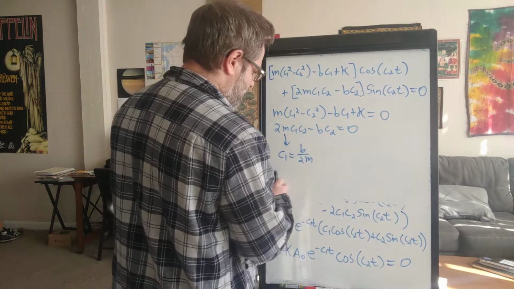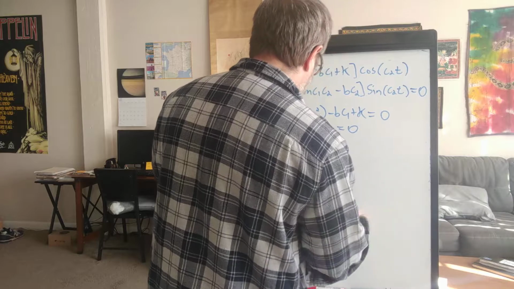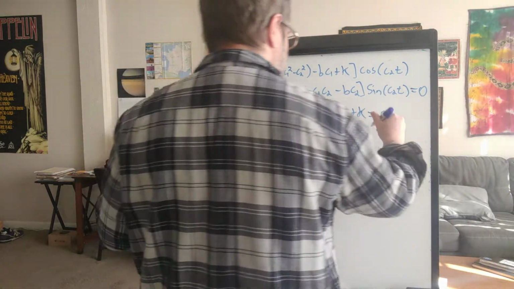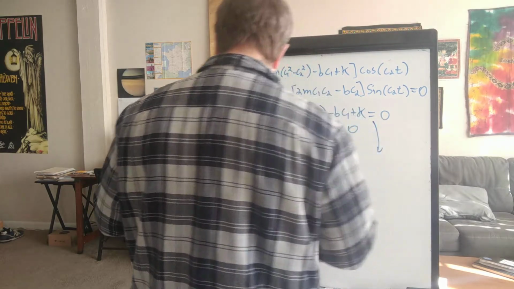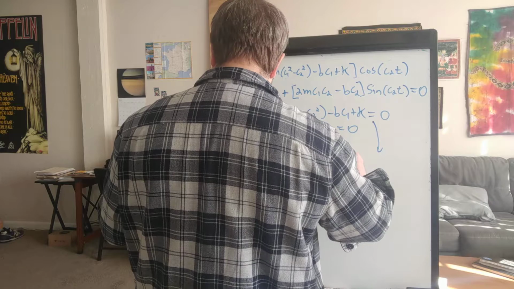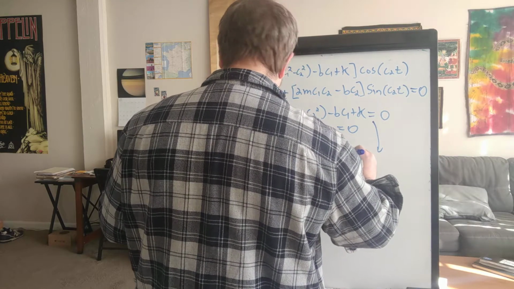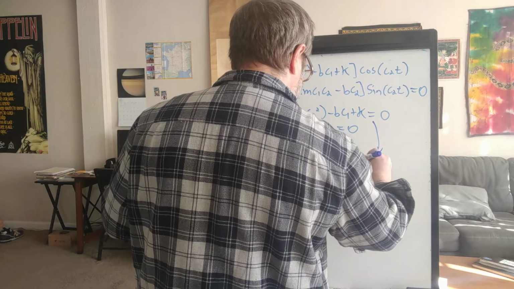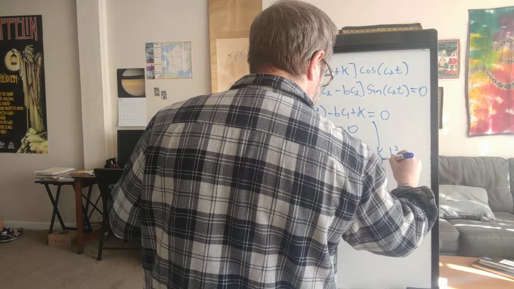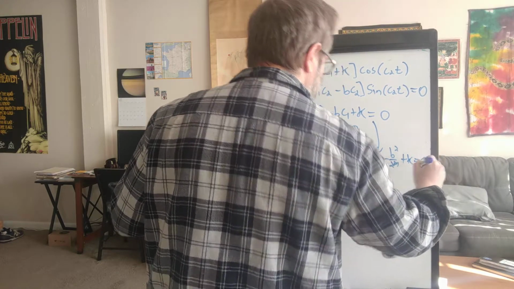Okay? And now that we have that, we can plug that c1 into the other equation. And we can solve that one. So we get m times b squared over 4m squared minus c2 squared minus b squared over 2m plus k equal to 0.